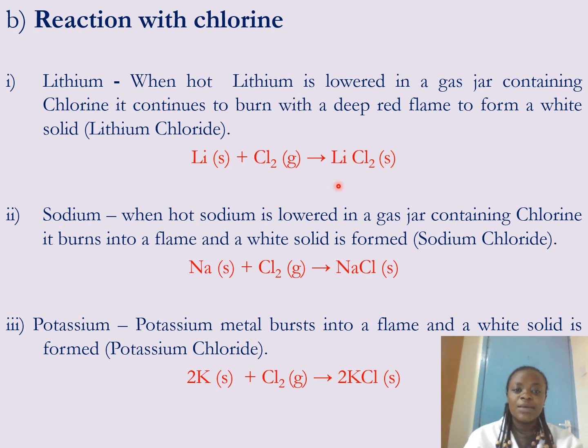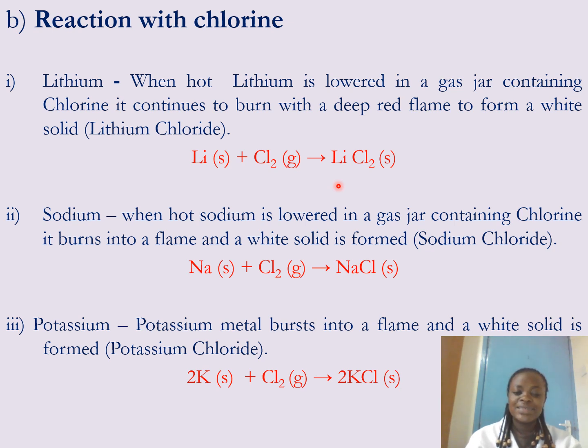What about sodium? What happens when sodium reacts with chlorine? When hot sodium is lowered in a gas jar containing chlorine, it bursts into flame and a white solid is formed.